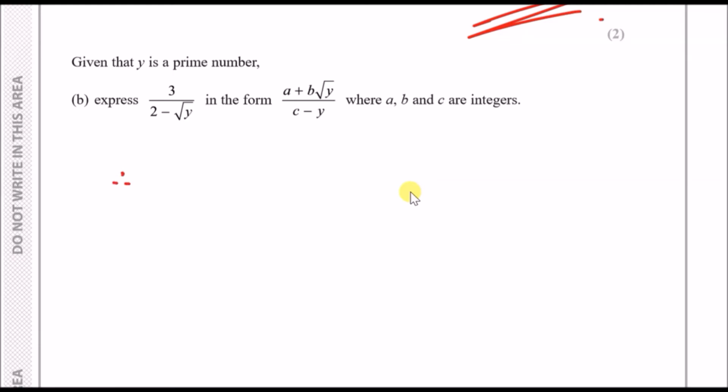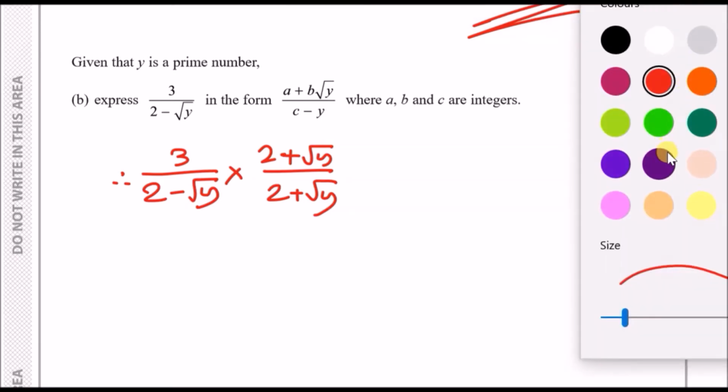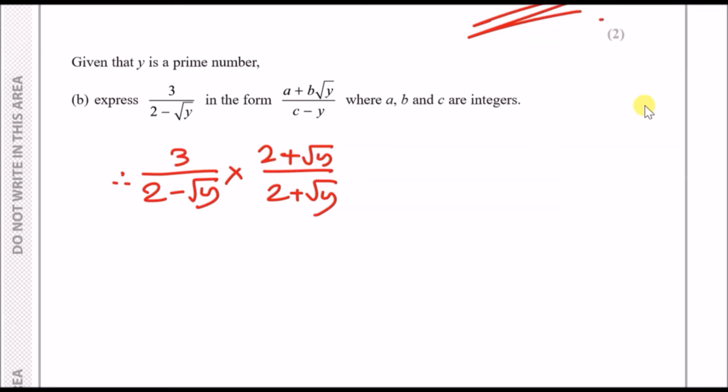So we say, okay, 3 over 2 minus root y has to be multiplied by 2 plus root y over 2 plus root y. The reason behind this is that when you multiply top and bottom by the same term, it's like multiplying by 1, so nothing really changes. Now, let's have a look. We're going to wrap these in brackets because you're going to do it term by term.